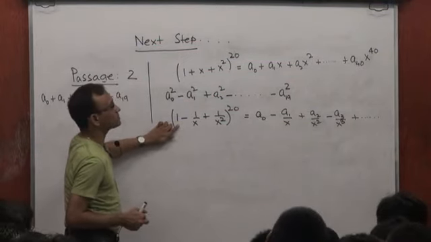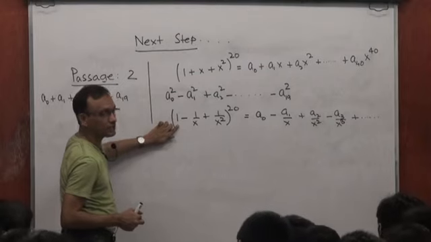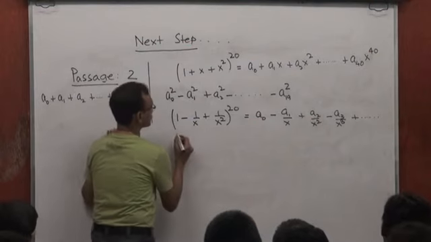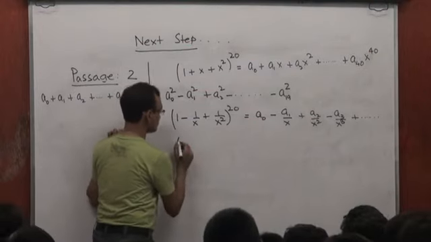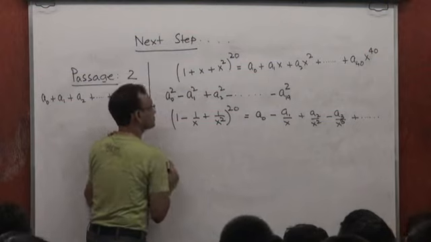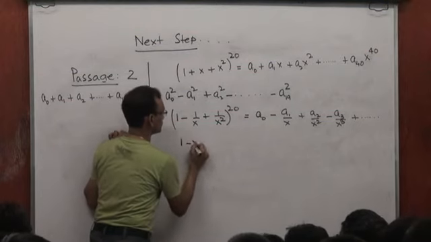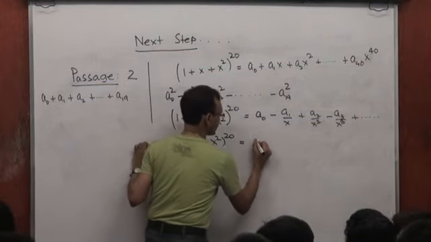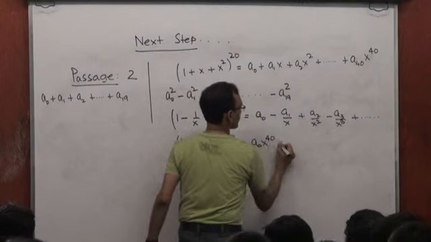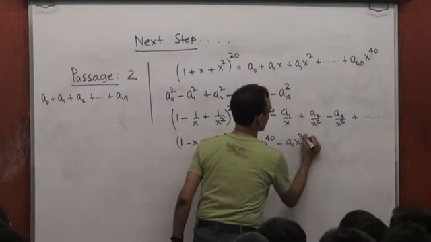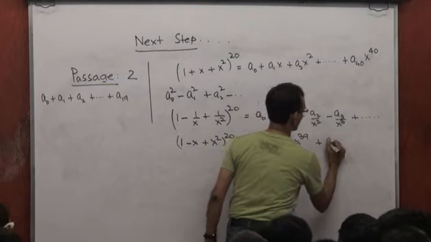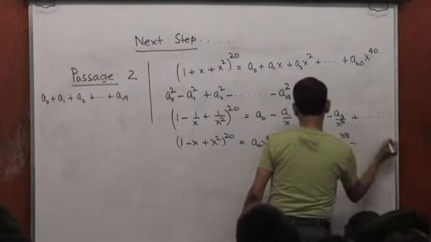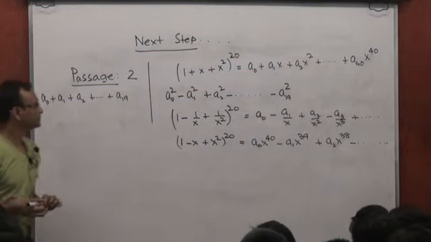Now on multiplying throughout by x power 40, this is what I get.